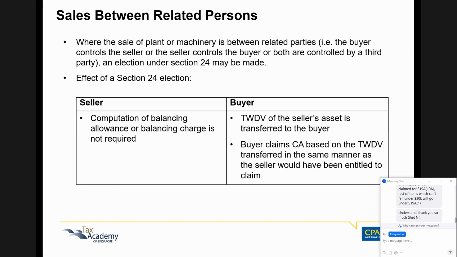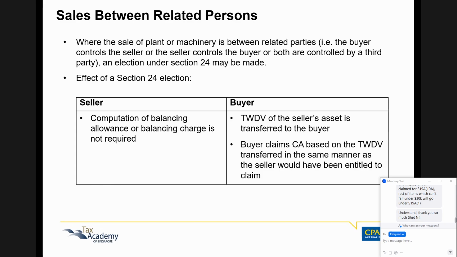In this case, they have a choice. They can make an election under Section 24. If you remember, I said that if I transfer an asset in a normal case, I have to compute BA/BC. When Section 24 is elected for the seller, I don't need to compute any BA/BC.